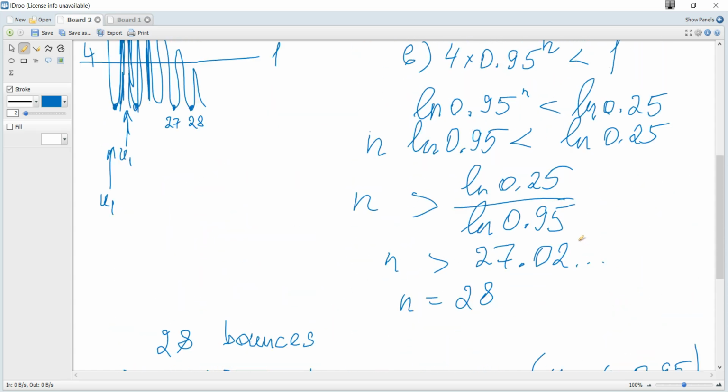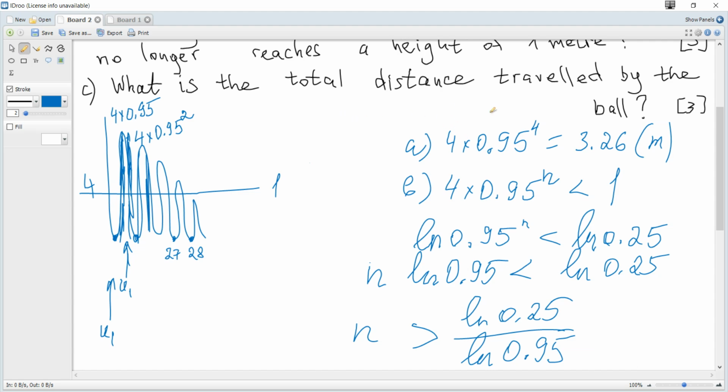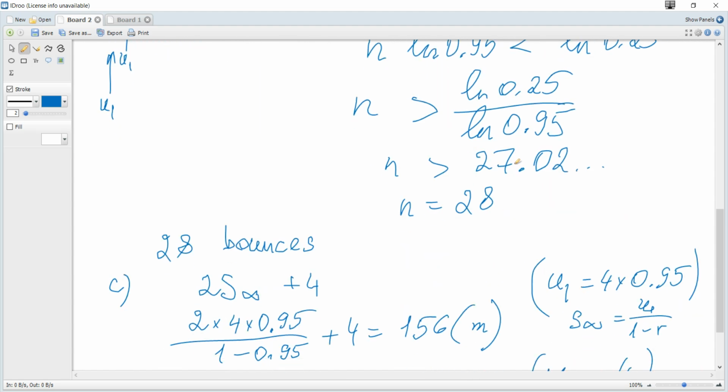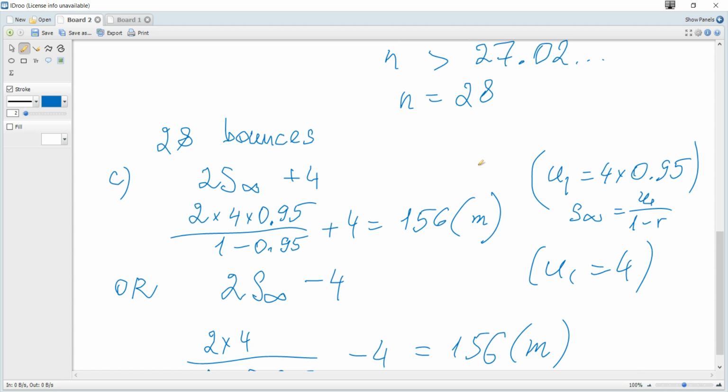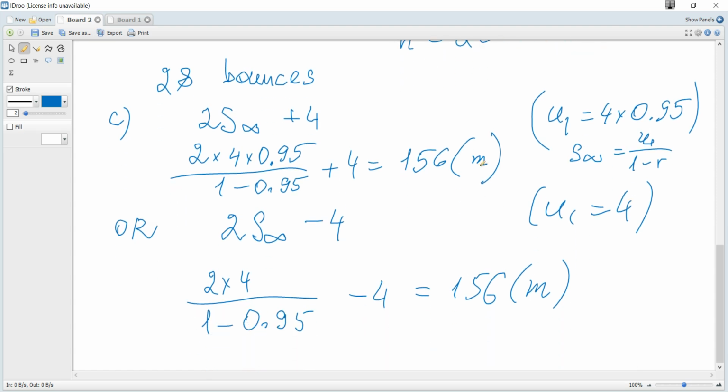Hence, the total distance traveled is 156 meters. And that's all for this question.